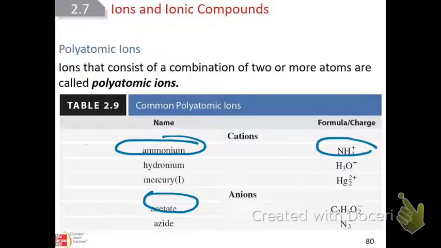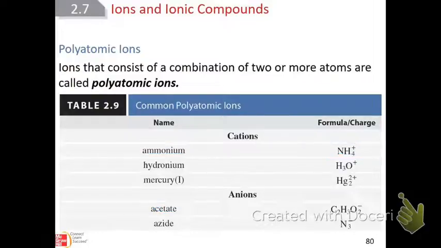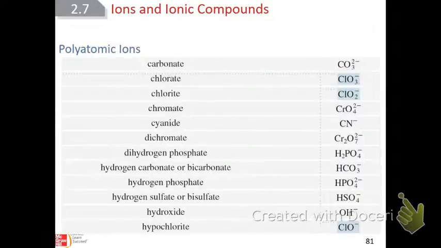Then we move on to the next slide. And we have the ones with the higher charges. Again, I'm not going to ask you to know all of them, but I will ask you to know the most common. I will ask you to know carbonate, which, by the way, is one of those that we were talking about. It's an oxo anion.